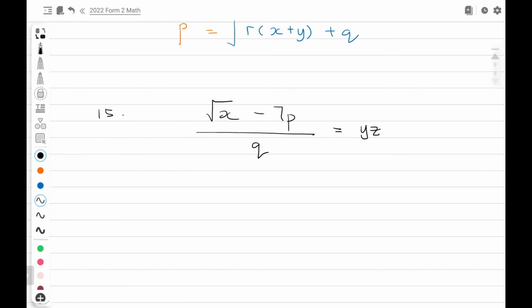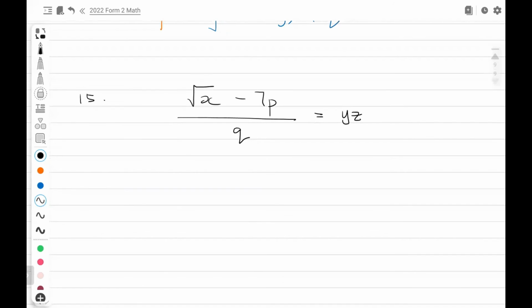Now in this case, we cannot straight away move the negative 7P to the back and make it positive. No, because below negative 7P there is a Q. Cannot. We have to move the Q to the back first. If there is a denominator, you cannot straight away pull the negative 7P to the back. You have to move the Q first.